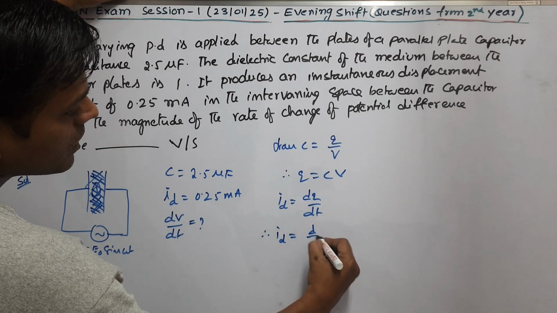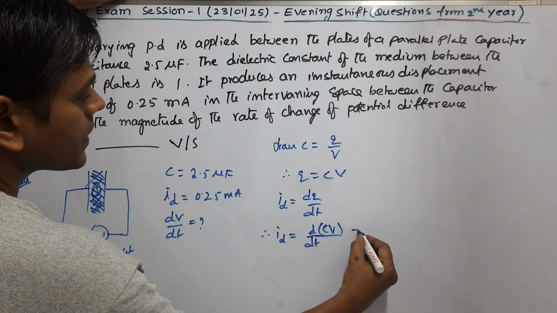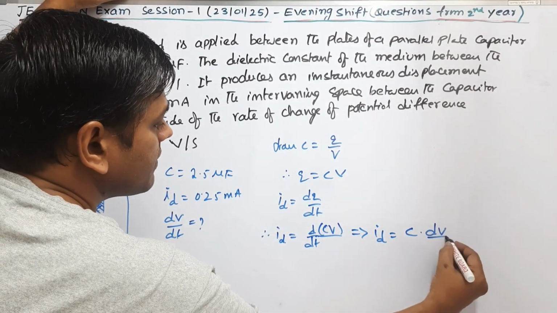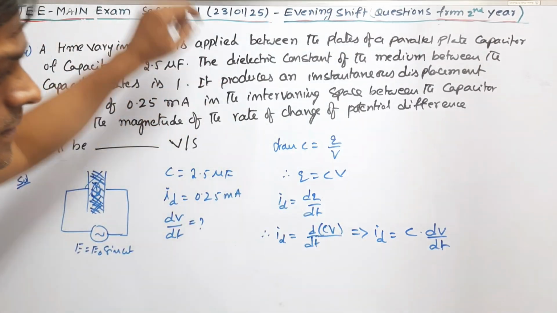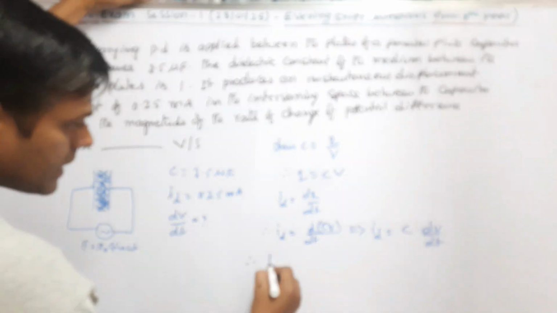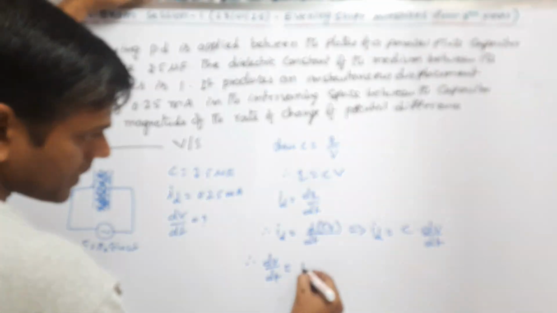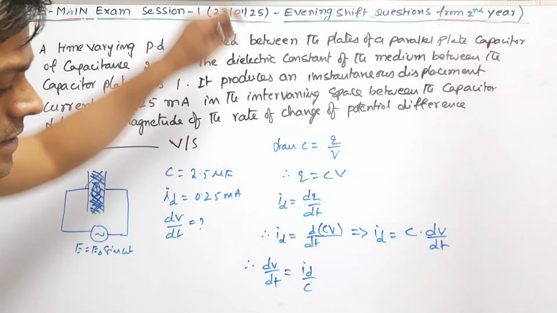Id is equal to d by dt of Q, which is C into V. That implies Id equal to C into dV by dt, because capacitance is constant. Therefore dV by dt is equal to Id by C, displacement current by capacitance.